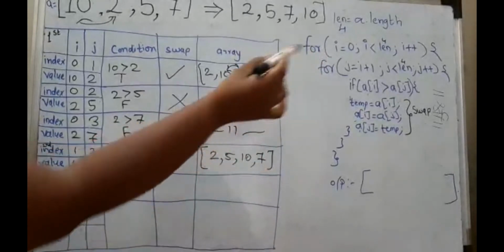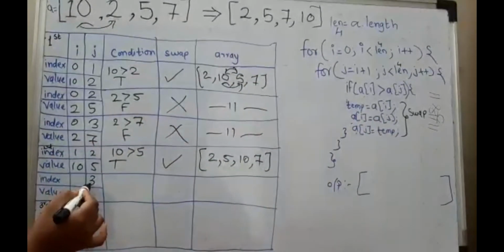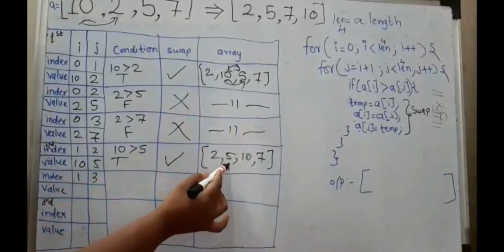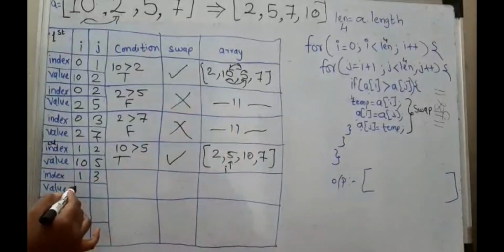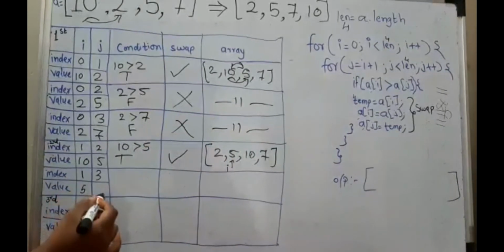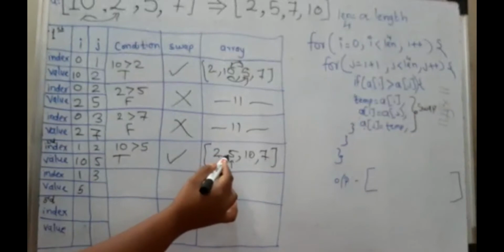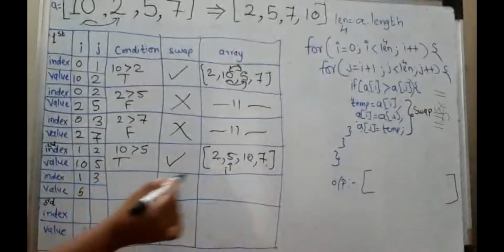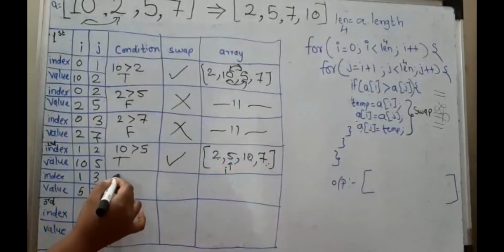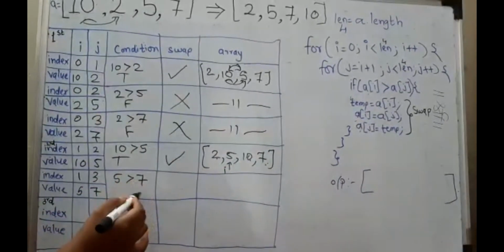Now our j gets incremented. So j became 3. i points to index 1, so the element value is 5 there, and for the third index, that is 0, 1, 2, 3, the value is 7. So we check the condition, that is, 5 is greater than 7.